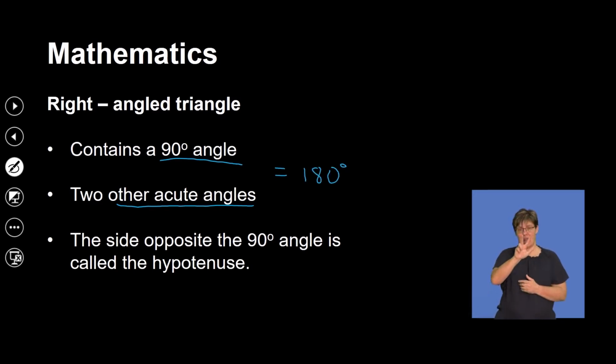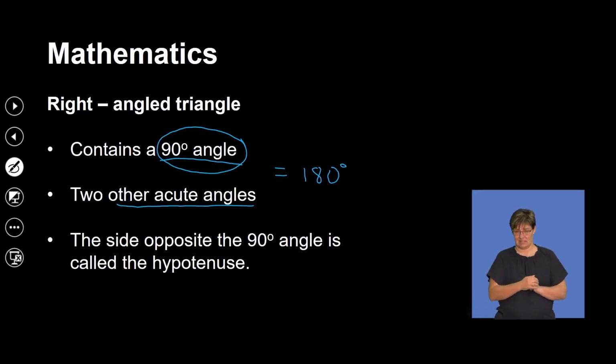That's one of the properties we know of a triangle. So these 2 acute angles can be 45 and 45, or 50 and 40, as long as they add to 90 degrees, then we can consider it a right-angled triangle. But the big thing is having the 90-degree angle.